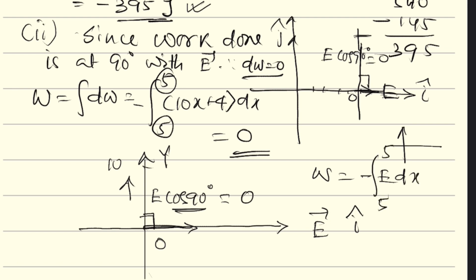So the upper limit and lower limit are both the same, therefore the resulting work done is equal to 0, correct? Either we can show it in this format, keeping the limit same and saying that it is 0, or we can directly say that because the movement is along the y-axis which is 90 degrees to unit vector i, no work is required to move along the y-axis.